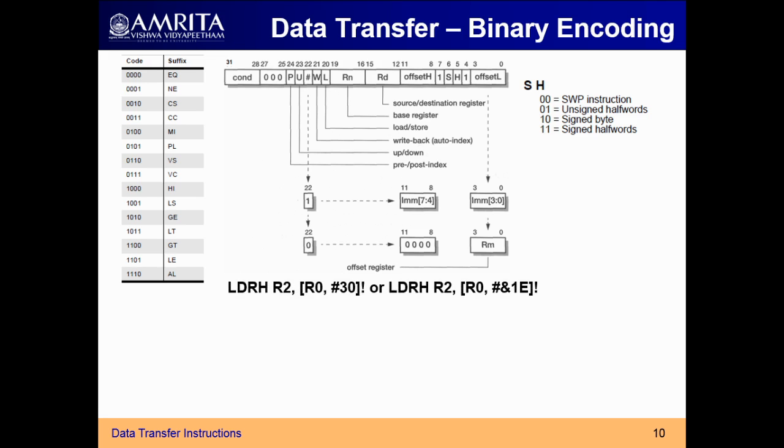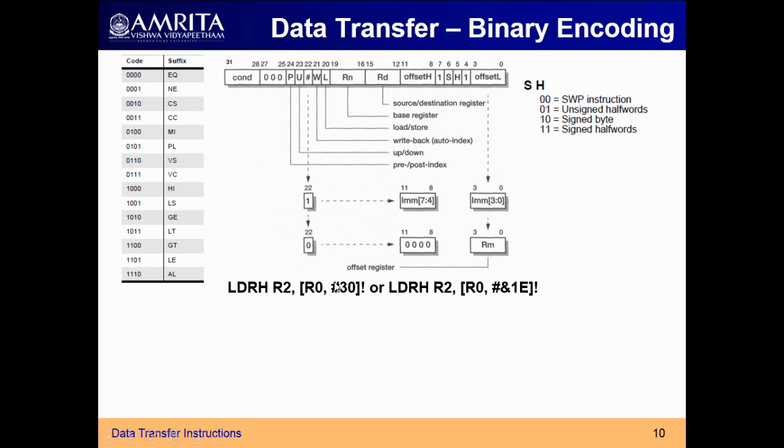Now we will see one example for this binary encoding. I am writing an instruction LDRH, a half word instruction: LDRH R2, [R0, #30]!. This can also be written in another format. What is the difference here? Instead of writing #30, I am writing hash and 1e.